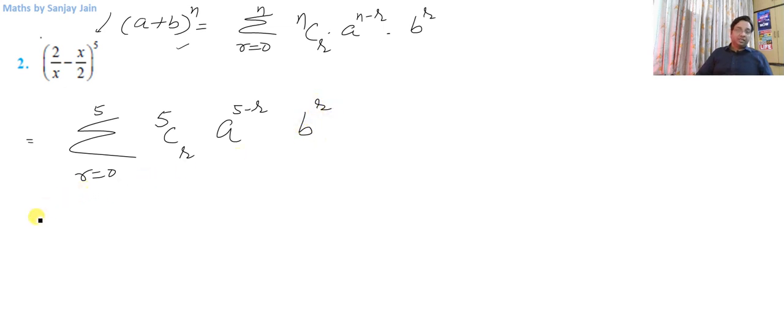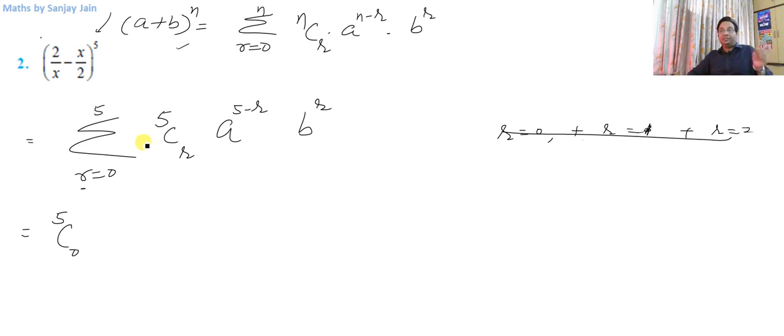So now what I'll do in the expansion is I'll start with r equal to 0 and then I'll put r equal to 1 and add that term, right? Then r equal to 2 and add that corresponding term, and so on. This will be the expansion. So let us check. I'll start with 5C0 and go up to 5C5.